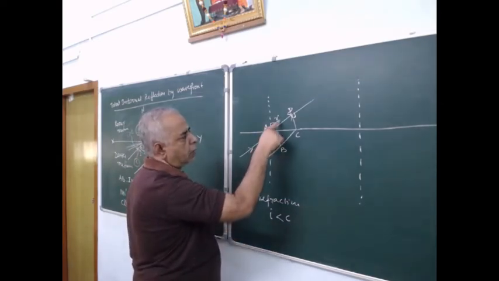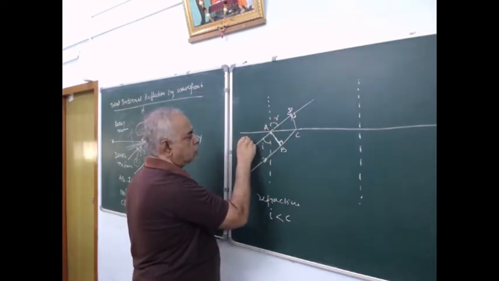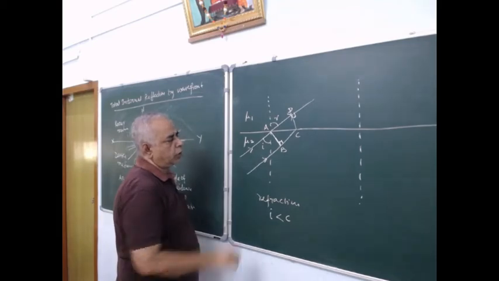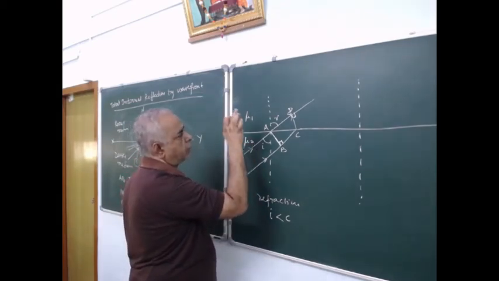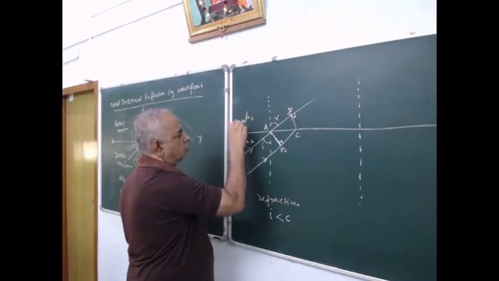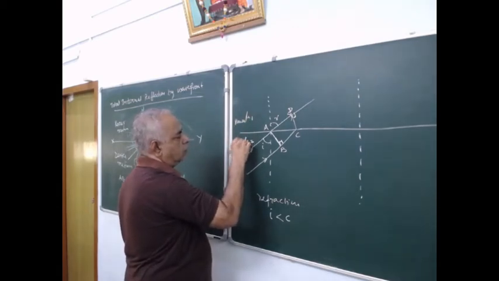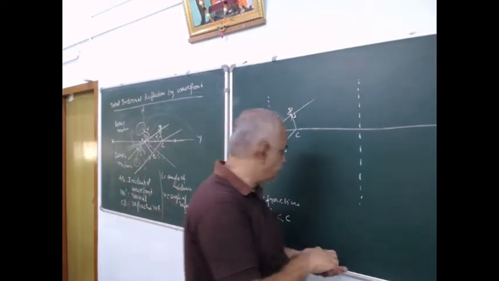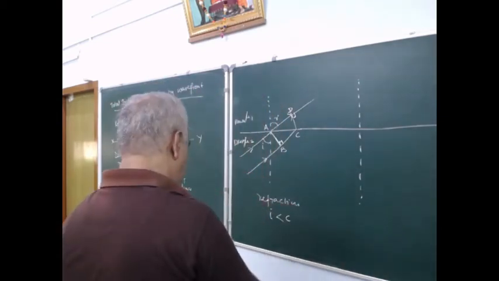Angle of incidence, angle of refraction. This is denser medium. This is rarer medium. Okay, refractive index of denser medium, refractive index of rarer medium. Denser medium or rarer medium. So the same diagram can be drawn with.